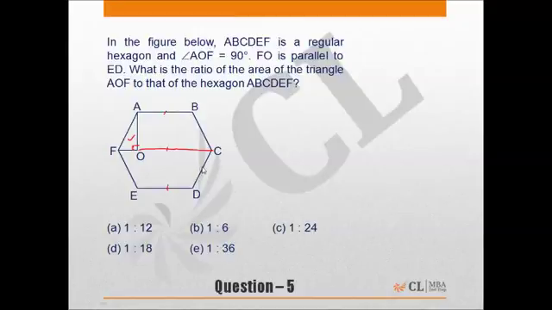Whenever there is a regular hexagon, you can draw this as 6 equilateral triangles. You can join these lines to get 6 equilateral triangles.